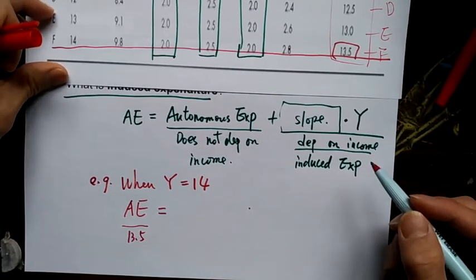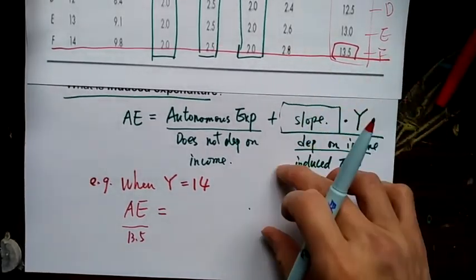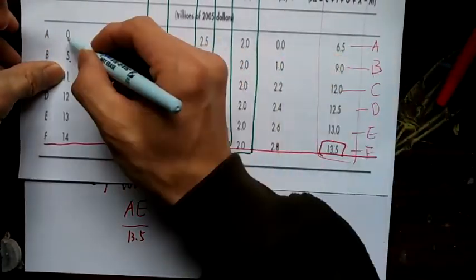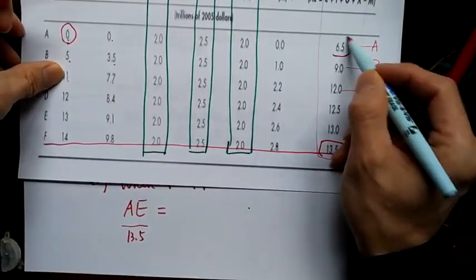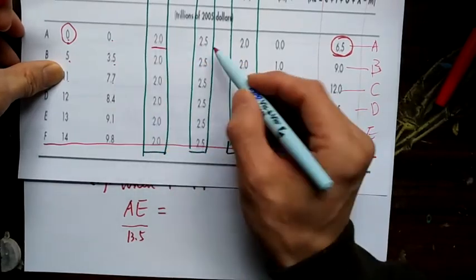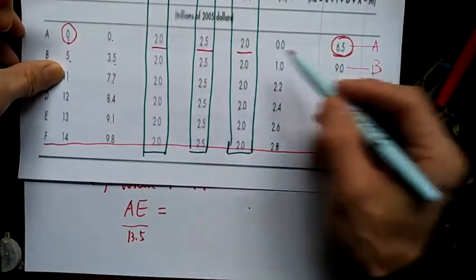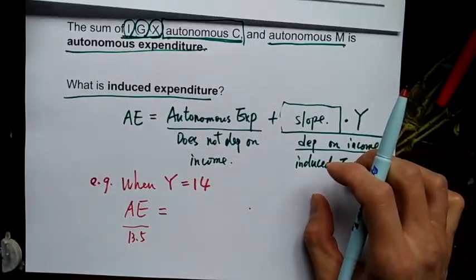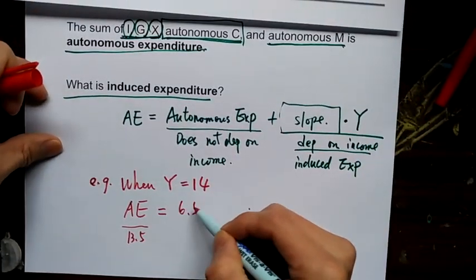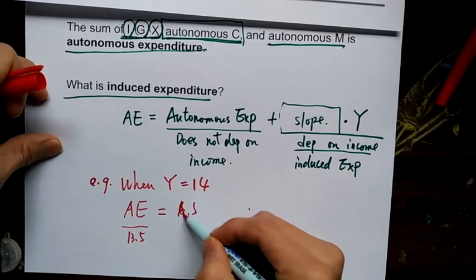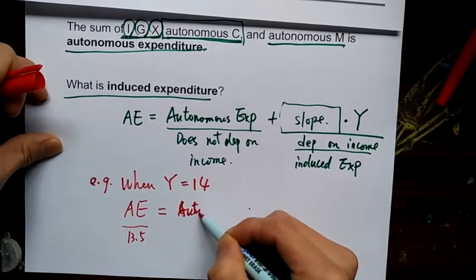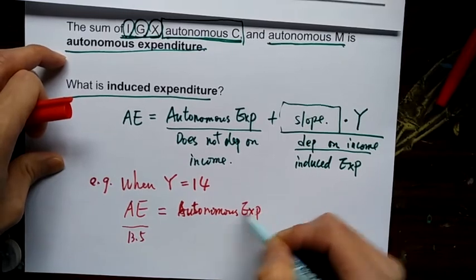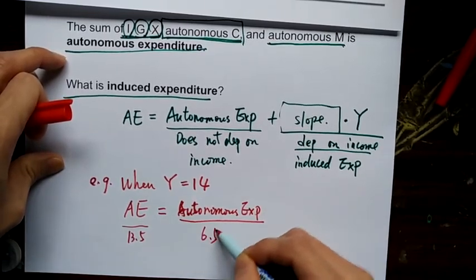How much is the autonomous expenditure? Remember I asked this question a few minutes ago: when income is equal to 0, autonomous expenditure is 2 plus 2.5 plus 2 minus 0, which is 6.5, right? Autonomous expenditure is 6.5.